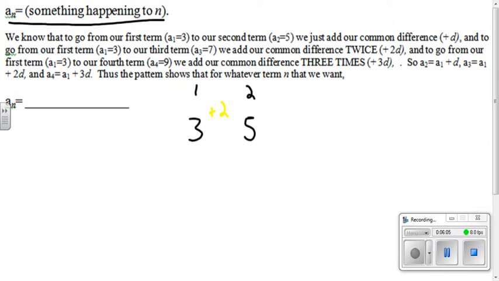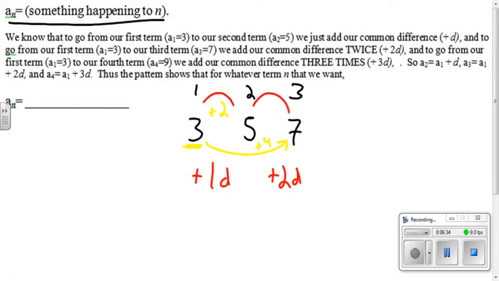So we could say that we took our first term and added 1 of our difference. To go to our third term, 7, from 3 to 7, we had to add 4, which is the same as saying we added 2 differences. Because each common difference is 2, so we went 1 here and 1 more here.